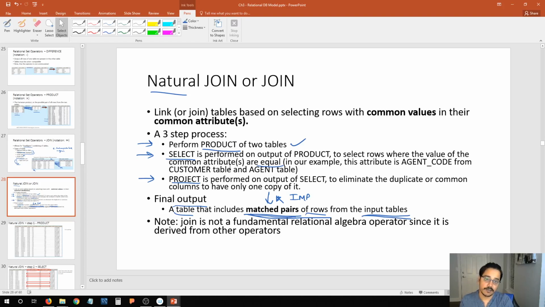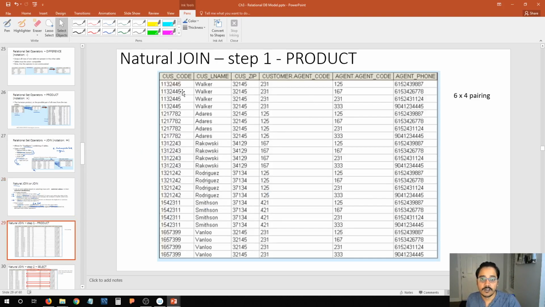Because now we have those two tables which have the same set of attributes, which has been generated in the temporary table after performing the Cartesian cross product, which is in this format, right? So we have both this particular attribute and this particular attribute being the same.